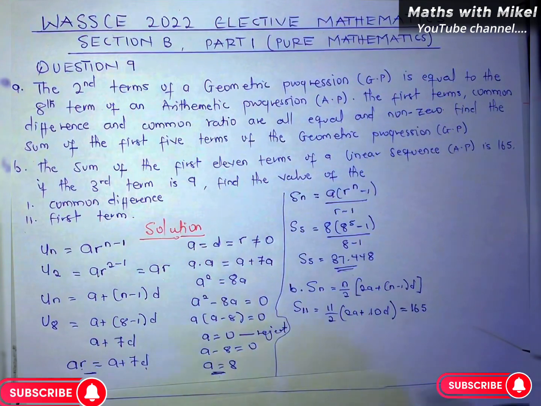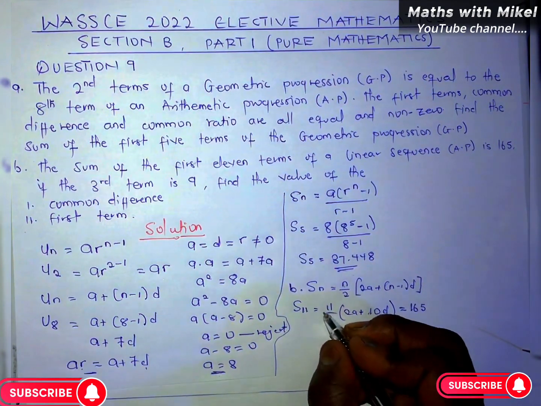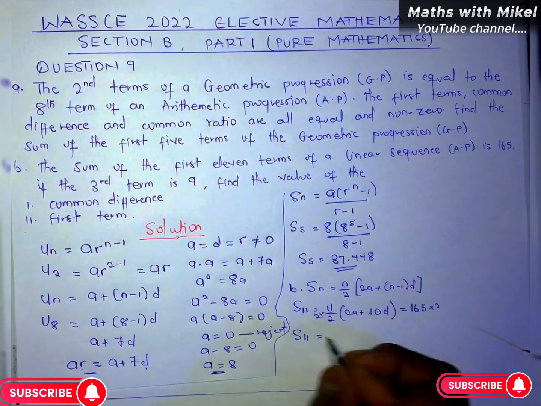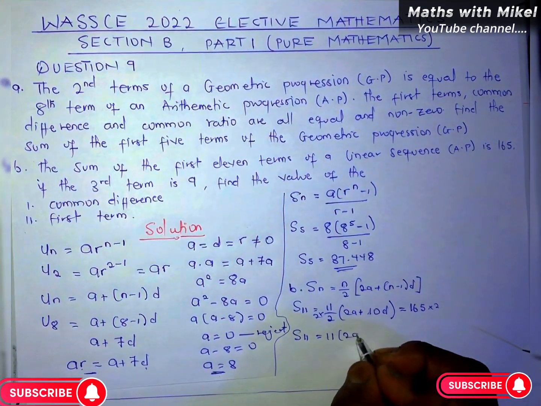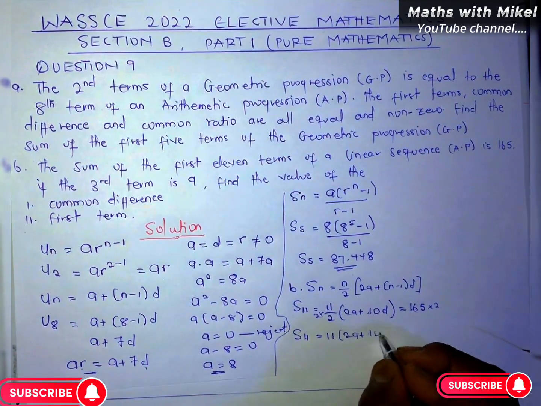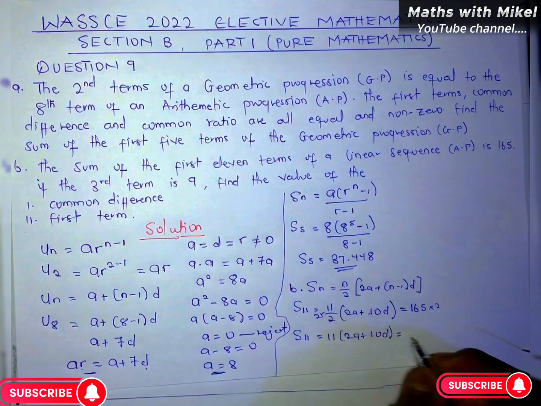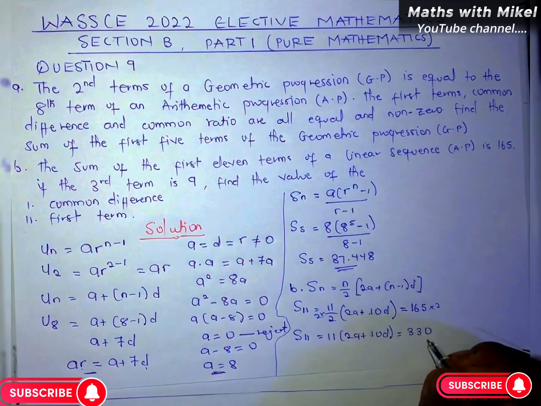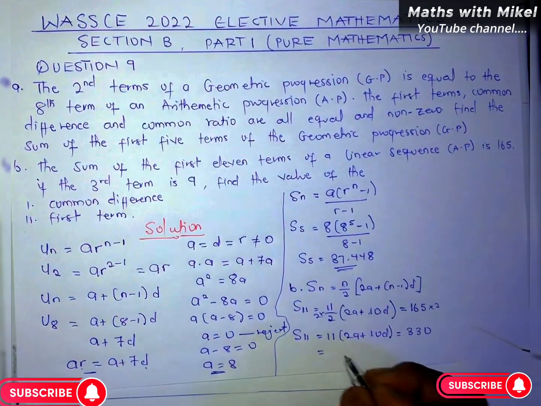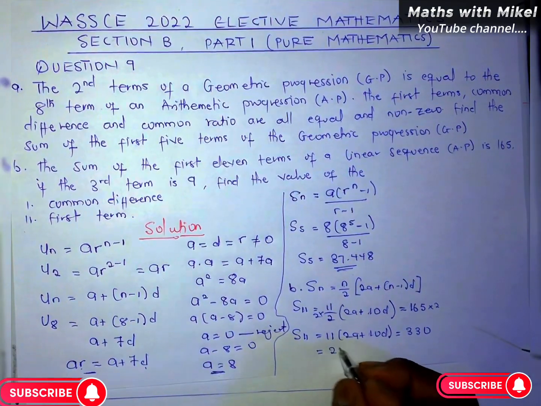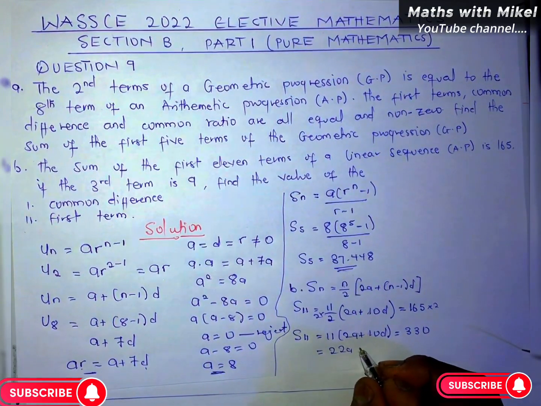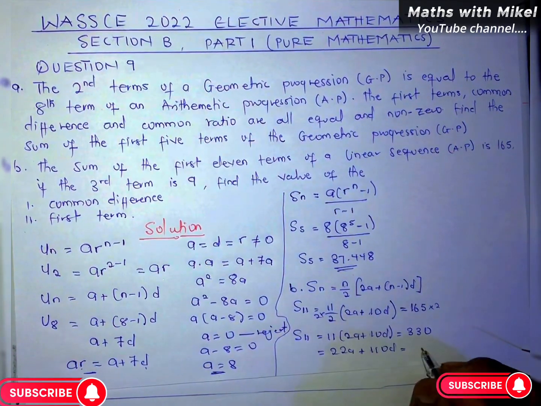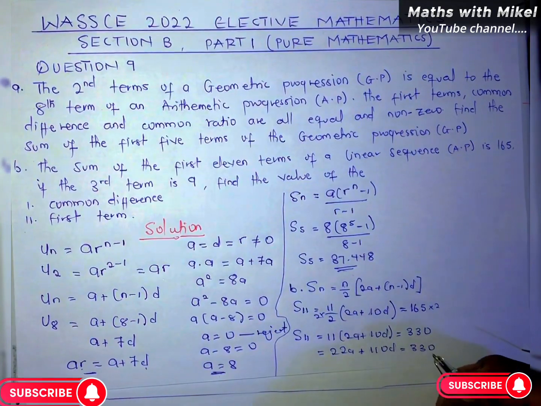So I can multiply through by 2. So this times 2, this times 2. And I'm going to get 11 into bracket 2a plus 10d to be equal to 330. I'll multiply through by 11, I'll get 22a plus 110d is equal to 330.